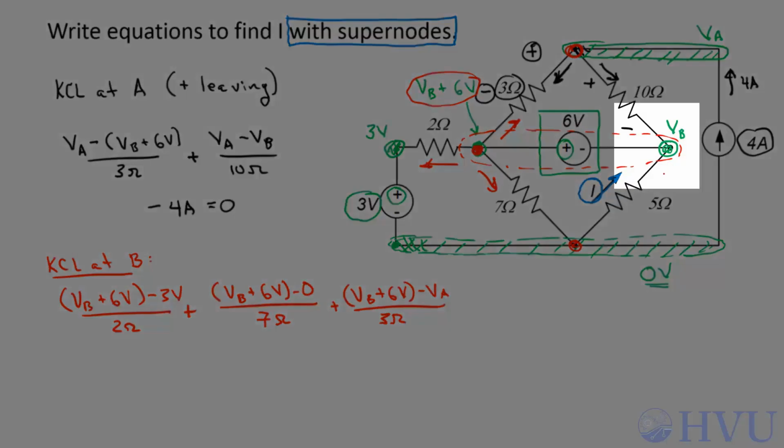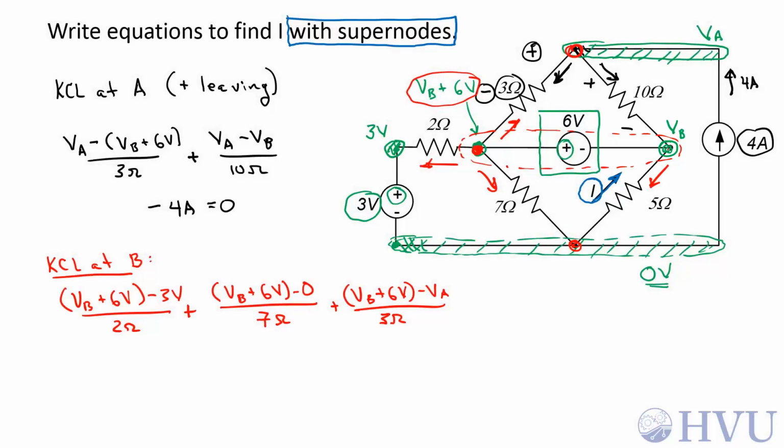Now let's go over to this side of the supernode. This current is V sub B minus 0 over 5 ohms. And this current through the 10 ohm resistor leaving node B is V sub B minus V sub A over 10 ohms. That's finally all of my currents. I can add those up and get 0 out of that.